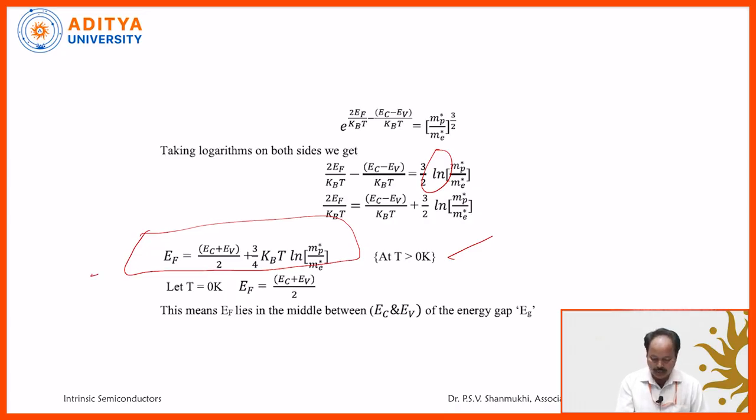So this is the expression for the Fermi energy level at T greater than 0 degree Kelvin in an intrinsic semiconductor. Suppose let us take T is equal to 0 K. At 0 degree Kelvin, what happens? See the second part of this equation, 3 by 4 kBT ln something, so that T is taken as 0. We get Ef, the Fermi energy level, is equal to (Ec plus Ev) by 2.